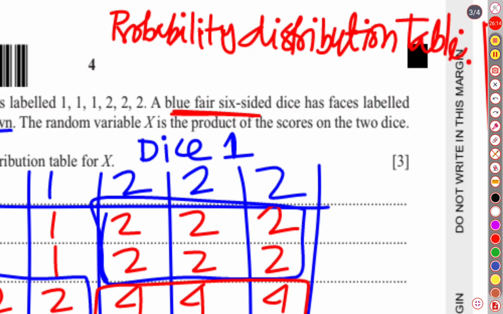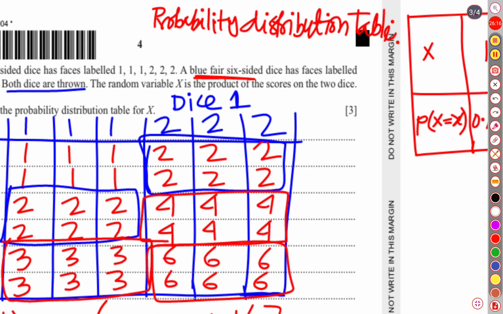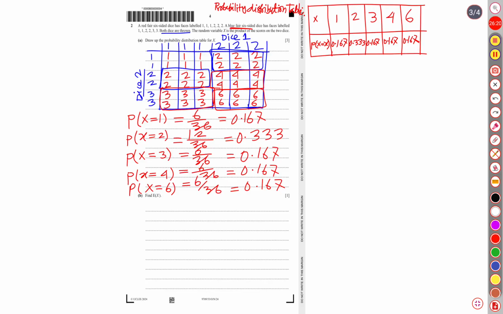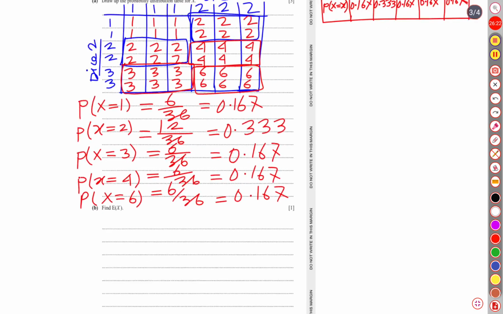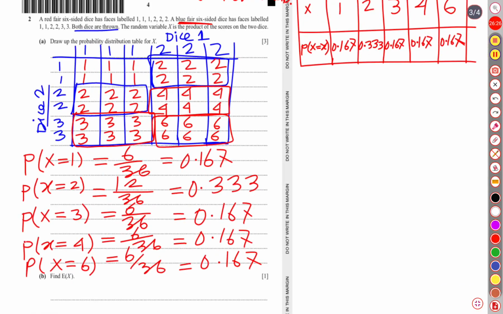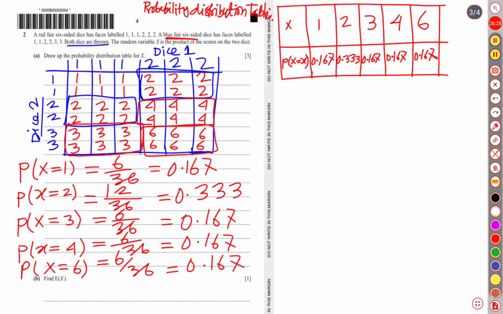Okay, so that's all about the solution to the first part of the second question. This is how we can write our solution. Yes, that's the whole of the solution.